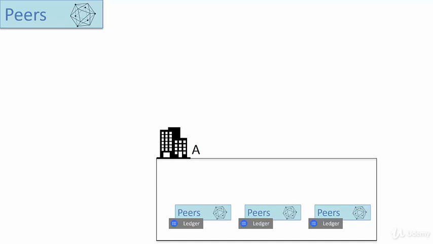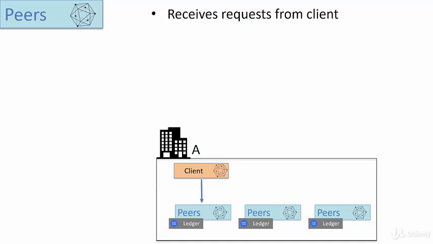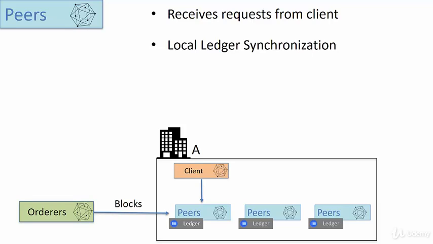Peers in the member's organization receive transaction invocation requests from the clients within the organization. As transactions are created in the network and new blocks get generated, these blocks are sent out to the peers by the ordering service. And peers receiving these blocks need to validate and update the ledger managed on the peer node.